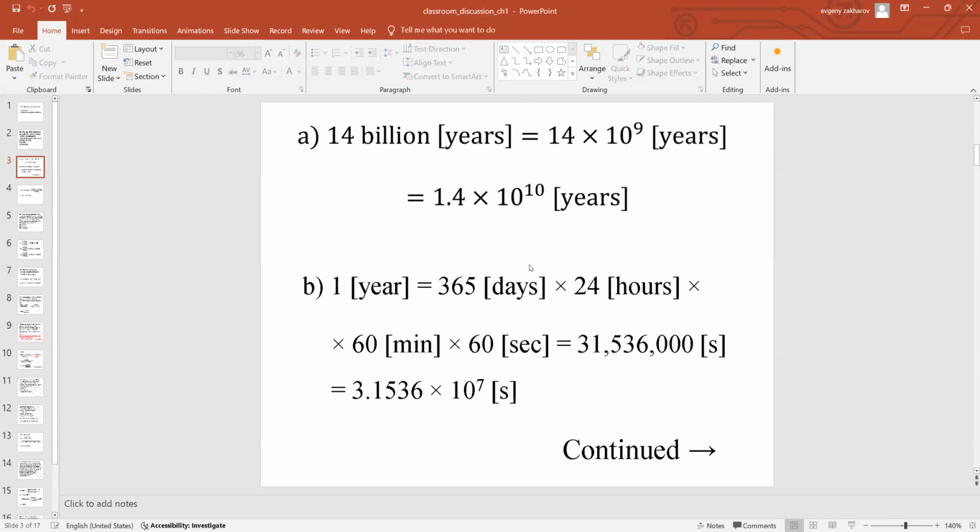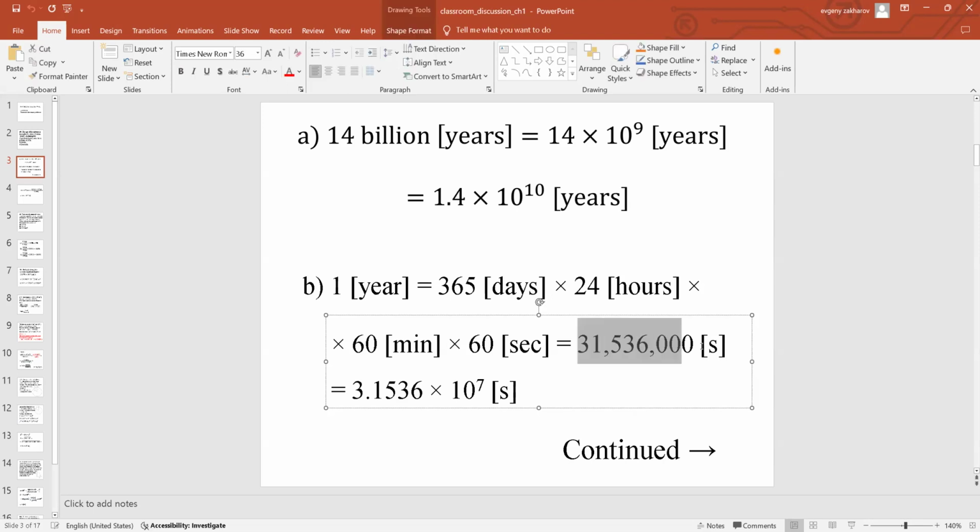And then you convert to seconds, which was the point of discussion for the lecture. It's the real conversion to seconds, 31.5 million.